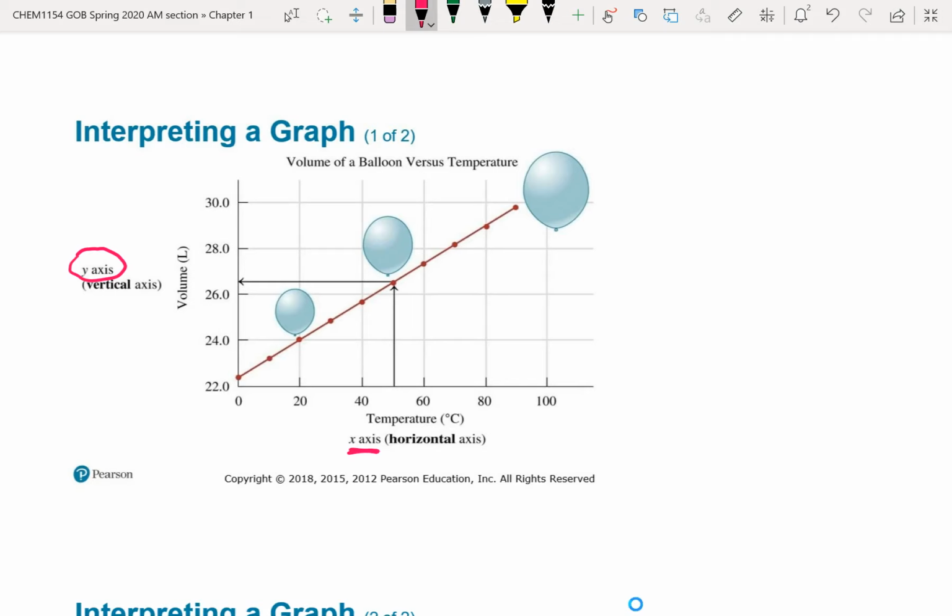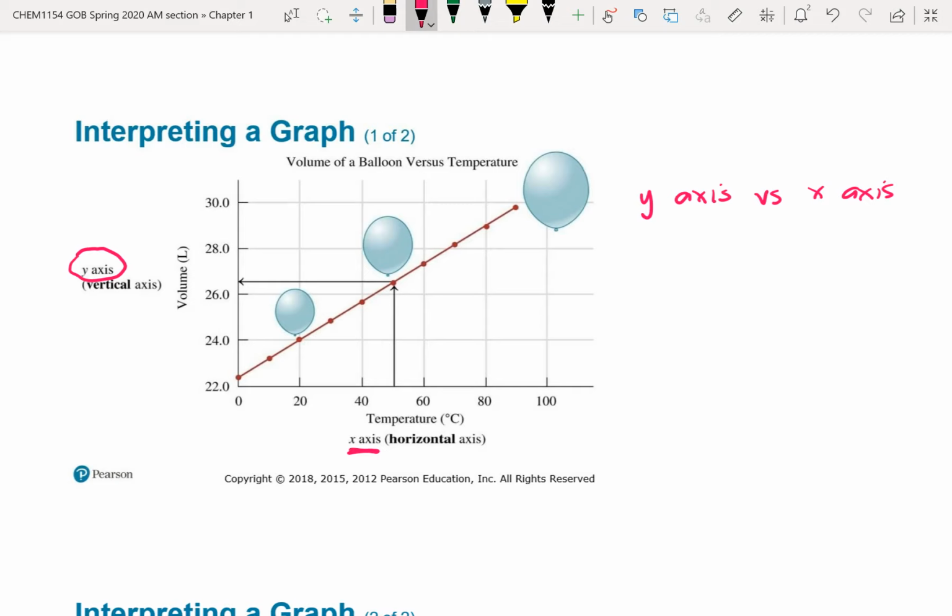So we have the y-axis versus the x-axis. And in this case, on the y-axis, it's kind of difficult to see. You have to tilt your head a little bit. We're measuring or recording volume.